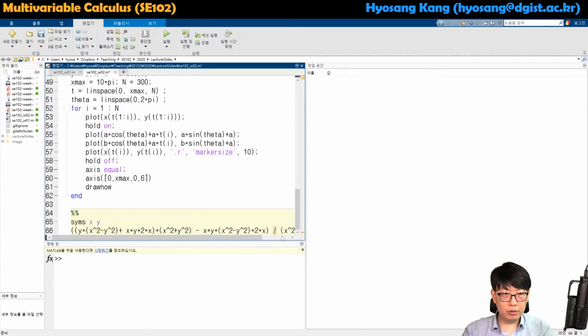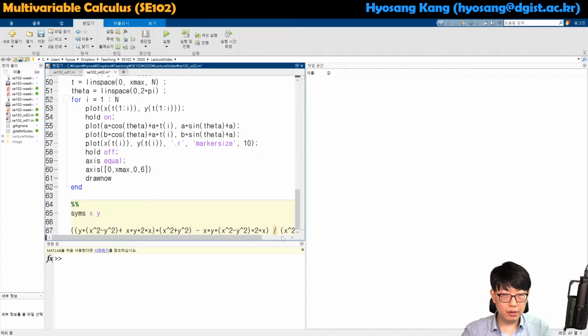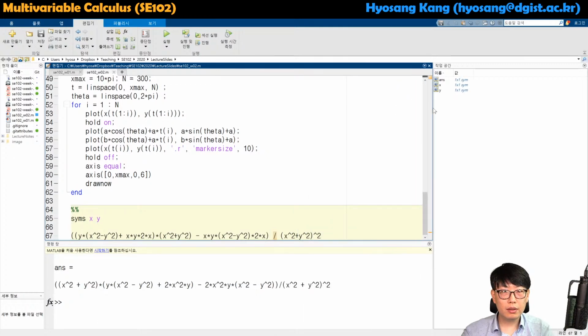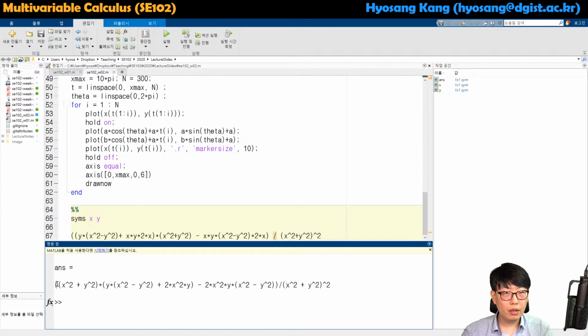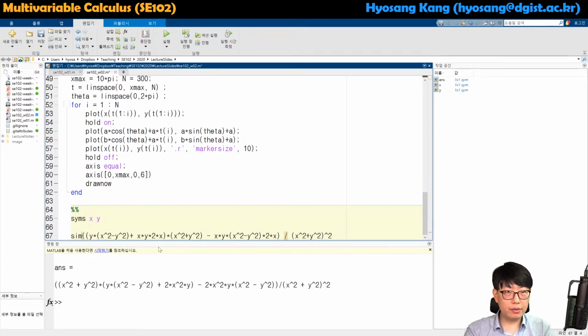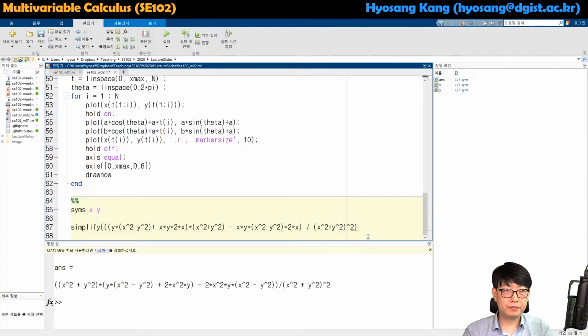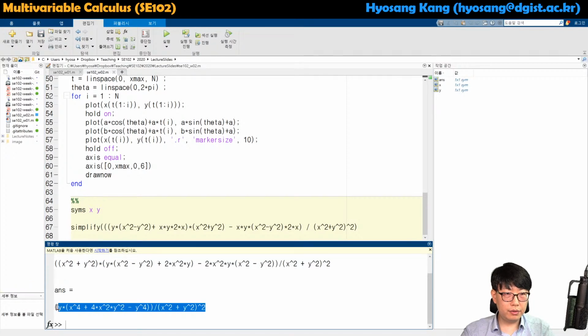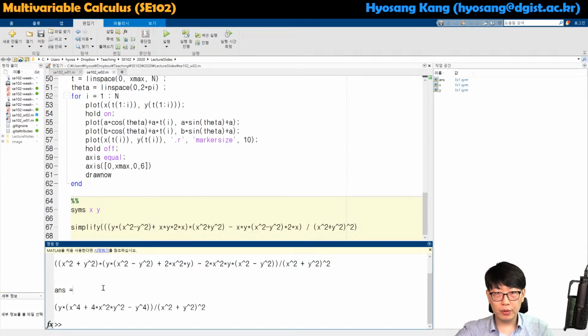What I want to do is first look at the formula to see whether I entered it correctly. Then I want to simplify the entire formula. So the result is this. I want to just copy that formula.